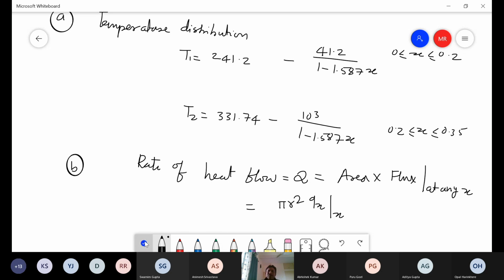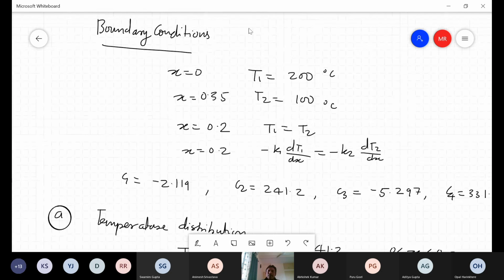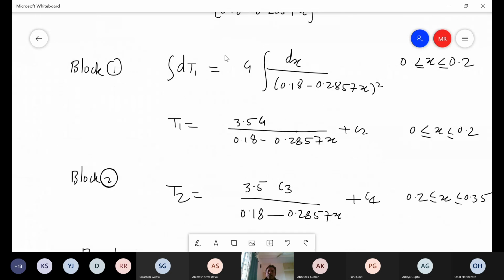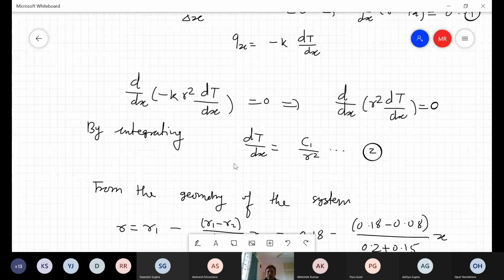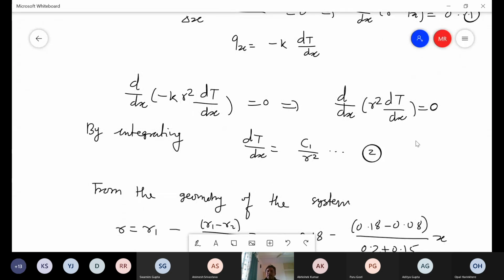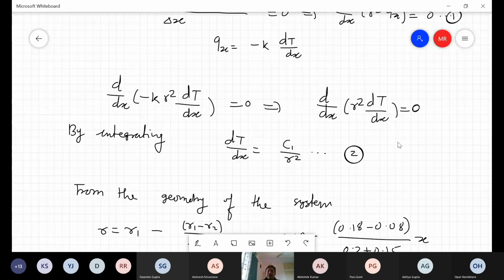Now, if you go back and check your earlier equation, this is the equation which we had, correct?